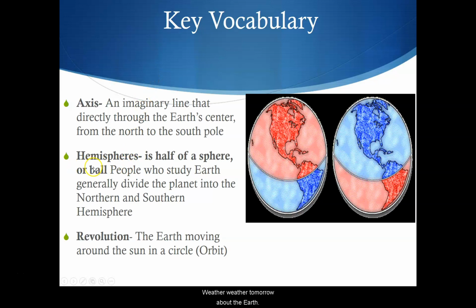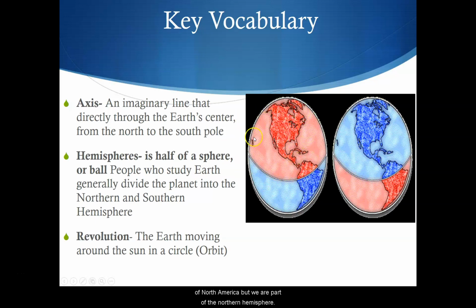You also have to know about hemispheres. The Earth is divided into 4 hemispheres, but we're only going to talk about 2, the northern and southern hemispheres. The northern hemisphere includes North America, Central America, Canada, which is part of North America, and China.